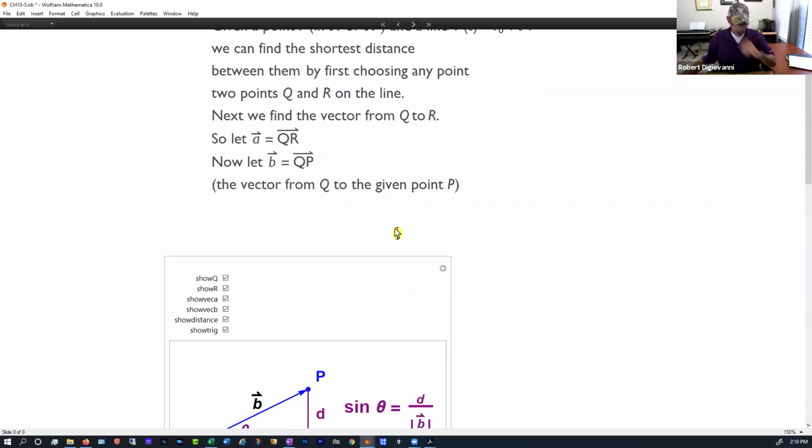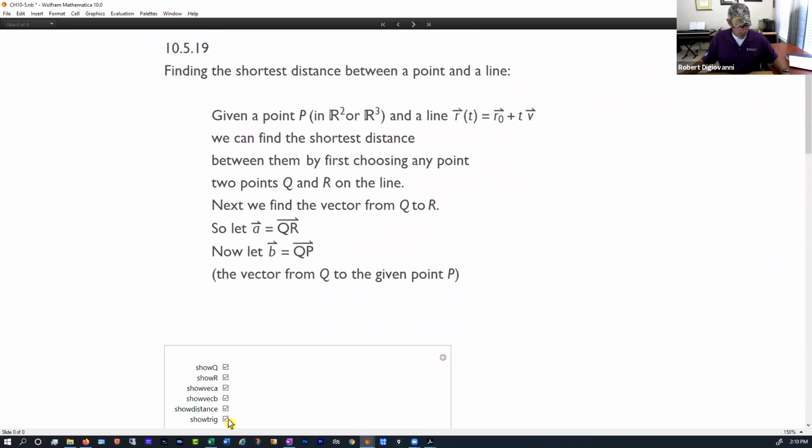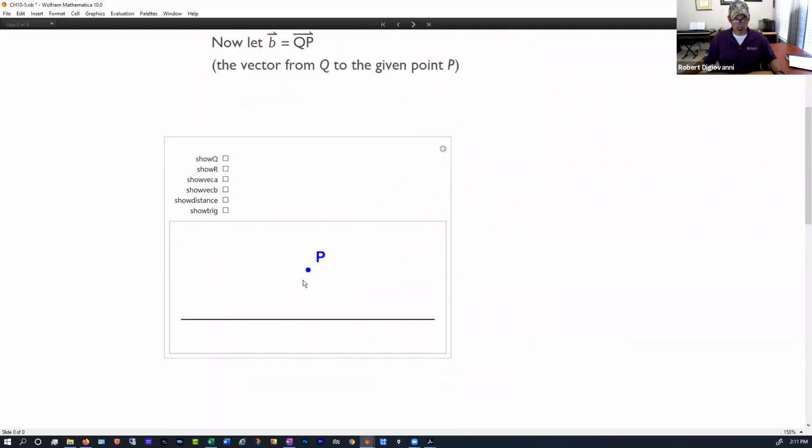So here's the construction of this one. Remember, we are given a point and we are given the equation of a line. Okay, that's given to us. Now what we need to do is find the shortest distance. So here it is. Here's a point and here's a line. Now it looks like it's on a flat sheet of paper, but imagine that this could be drawn any way you want.